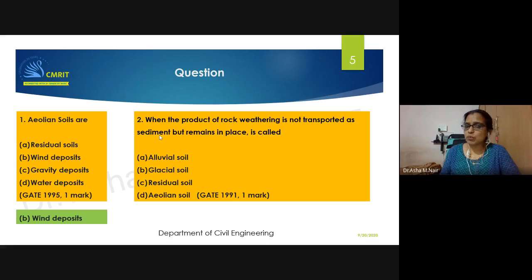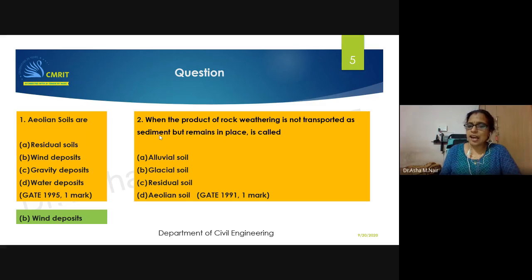Glacial soil is the one transported by means of glaciers. A residual soil is the one which remains in the place even after the source of erosion is over. And aeolian soil is a soil that is transported by wind.